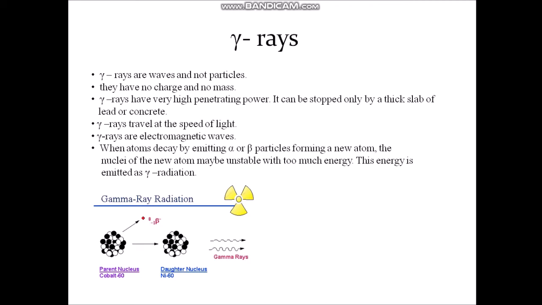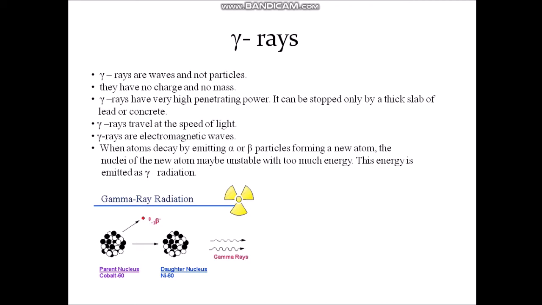This cobalt-60, the parent nucleus, undergoes a beta emission, and it forms a nickel atom. Cobalt is 27 and nickel is 28.